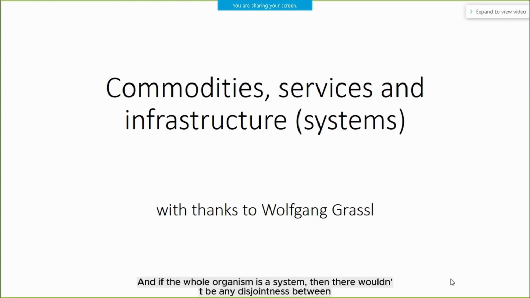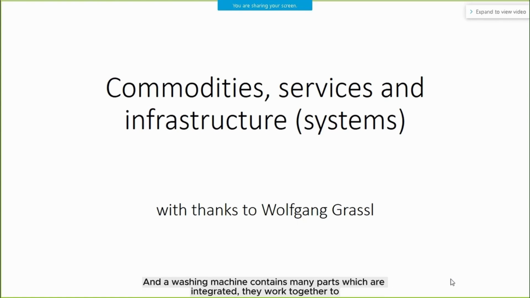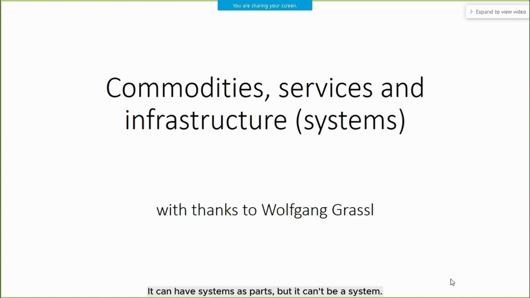And if the whole organism is a system, then there wouldn't be any disjointness between object and system, and you could have a washing machine be a system. A washing machine contains many parts which are integrated. They work together to achieve a goal. They need maintenance. Why wouldn't you say that a washing machine is a system? And here I say no. A single object cannot be a system. It can have systems as parts, but it can't be a system.